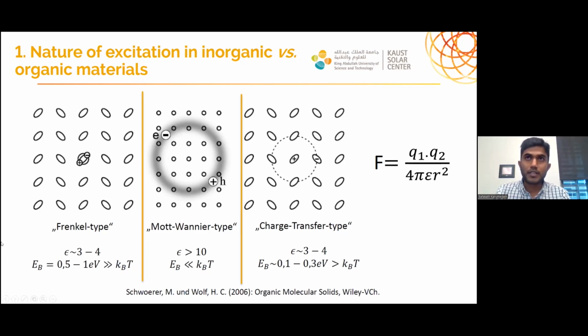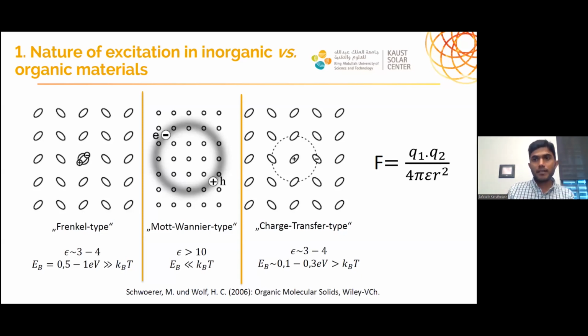Because of this tightly bound nature of the singlet excited state, we cannot simply separate them with the help of thermal energy. So we need some extra force to separate them, to drive them and free them to have free charges.